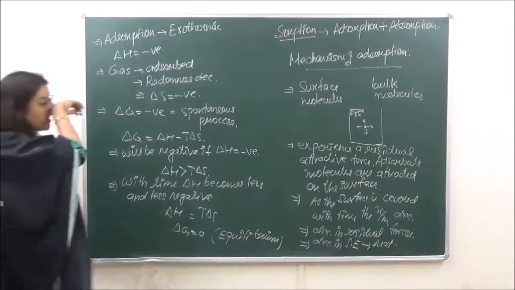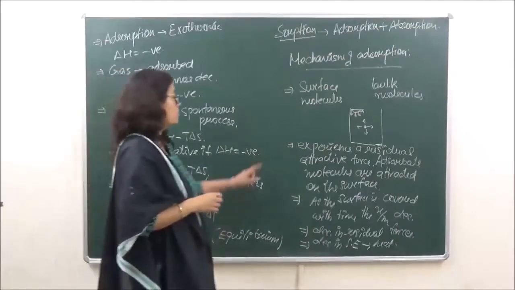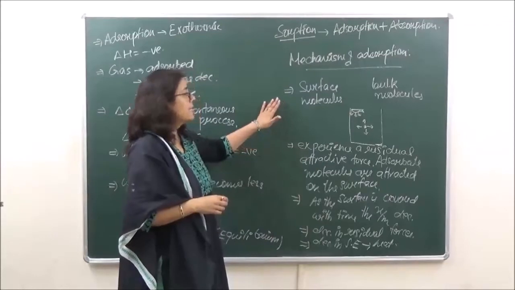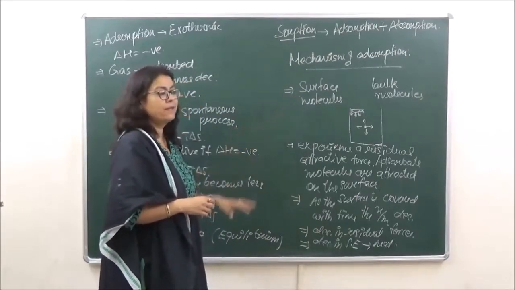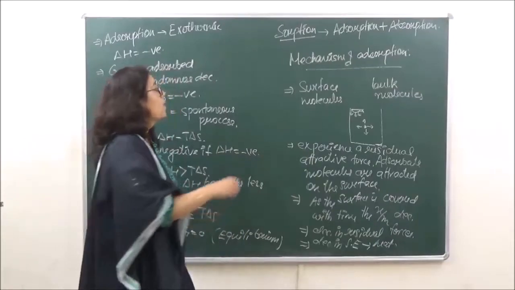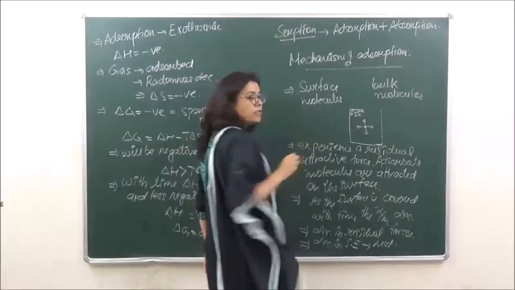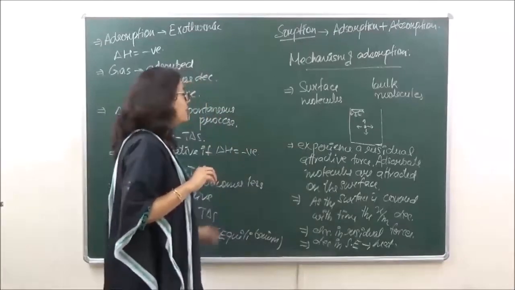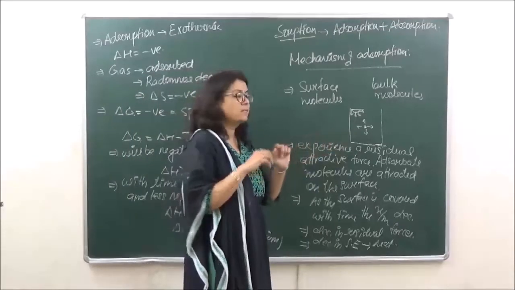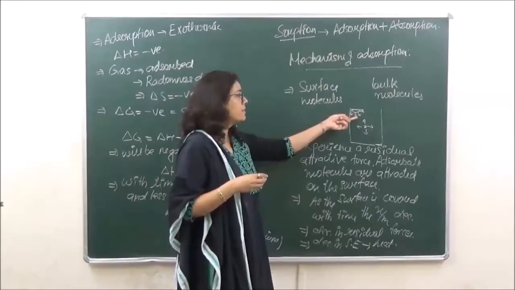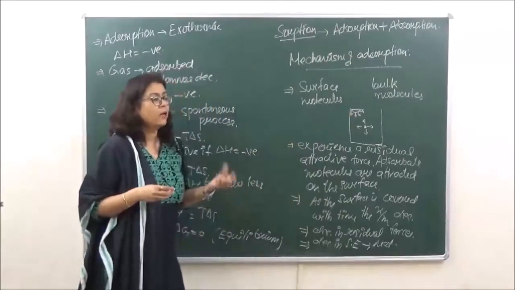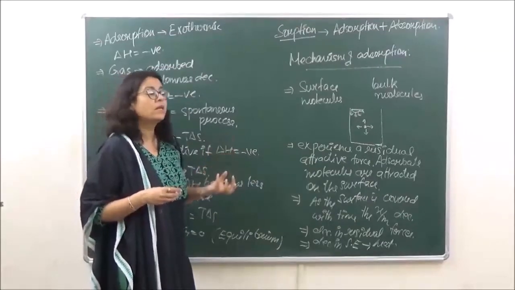So let's see once again what we are saying in the mechanism of adsorption. We say that there are two types of molecules which are present. One is the surface molecule and the other one is the bulk molecules. Both the molecules are in different states. We say that the center molecule is experiencing a force which is equal from all sides, whereas the surface molecule is experiencing an inward pull.